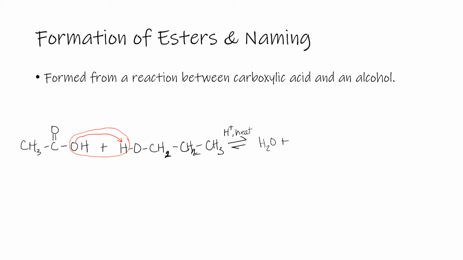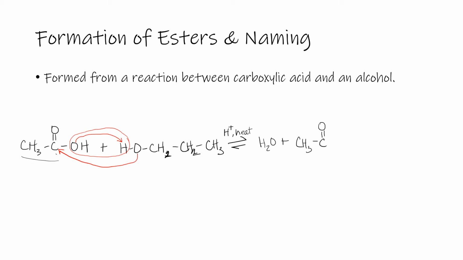And the other product, the ester, is formed when the oxygen from our alcohol comes over here and bonds to the carbonyl carbon. So when you're writing out these reactions and the ester that's formed from it, it is helpful a lot of times to write the hydroxyl groups facing each other, because then you can kind of squish everything together. So we'll start by writing what we have left from our carboxylic acid there, which is a CH3 bonding to a carbonyl.